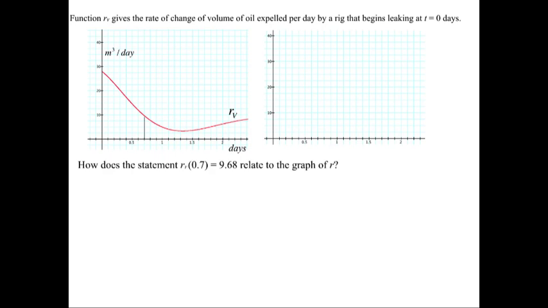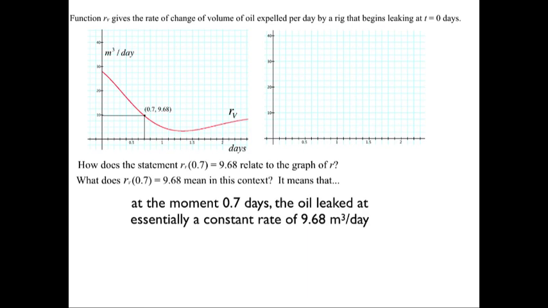Okay, so we said that any point on the rate graph gives us the rate of change at that time. So this is the point 0.97, 9.68 meters cubed per day. What does 9.68 meters cubed per day mean?